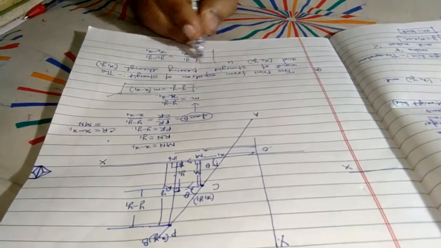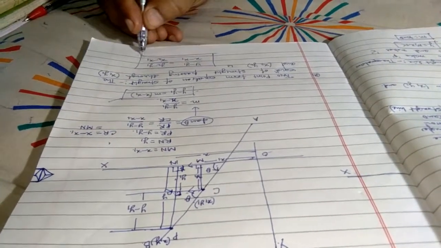So this is the equation of a straight line in two-point form.